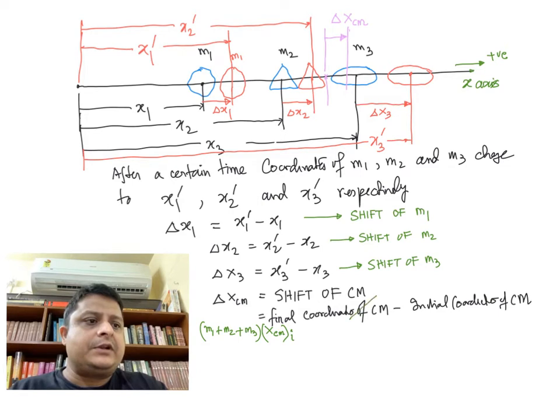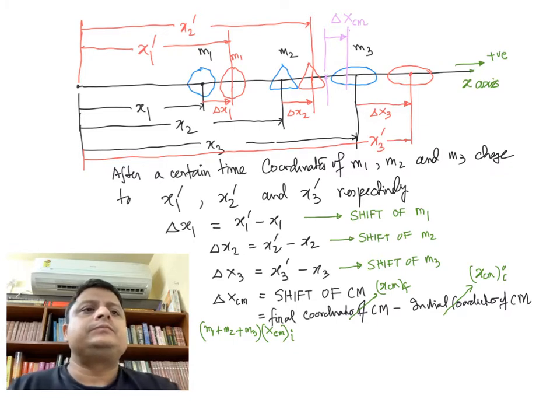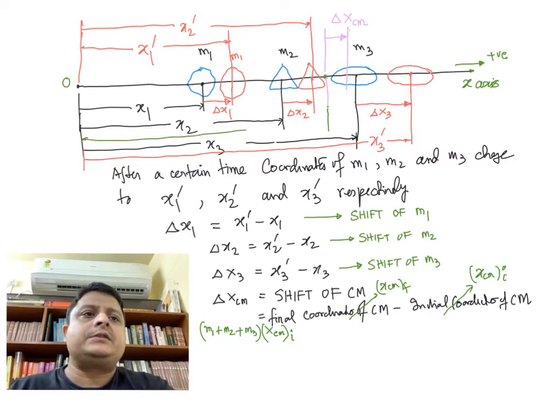So the final coordinate of cm I write as xcm f, and the initial coordinate of cm as xcm i. From this origin, this distance of this point is xcm i for initial, and this will be xcm f.